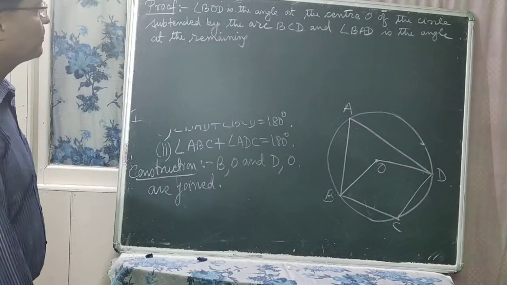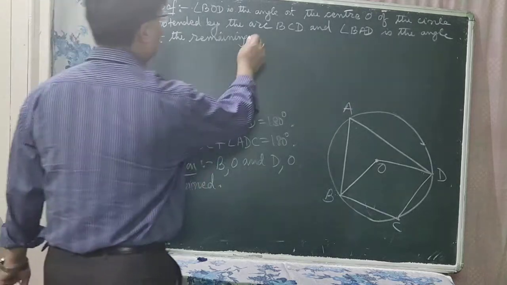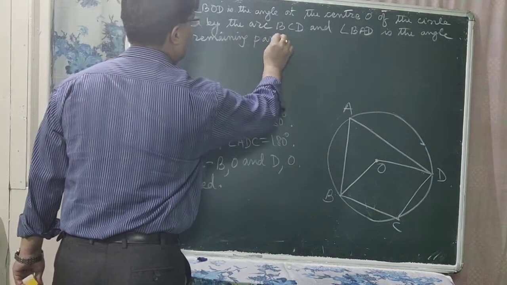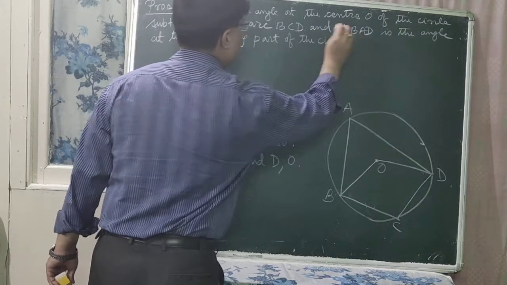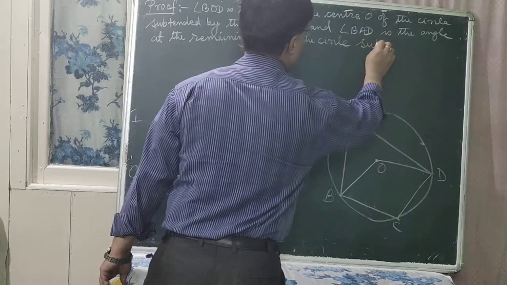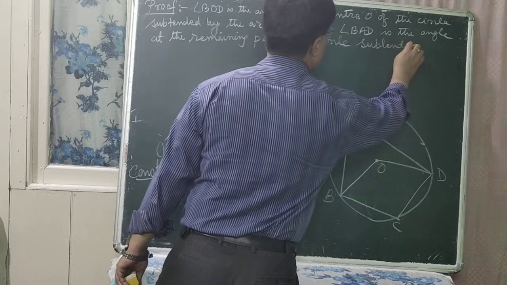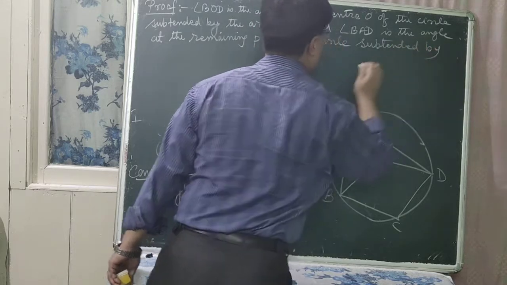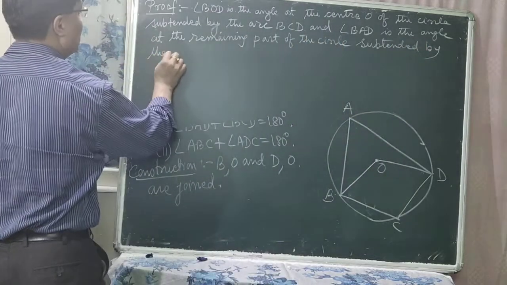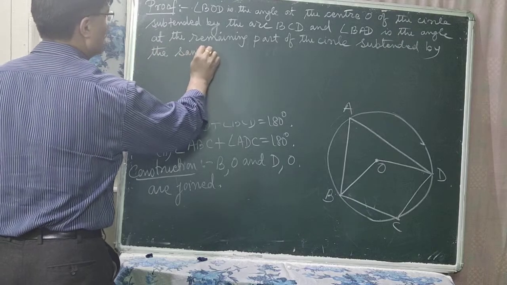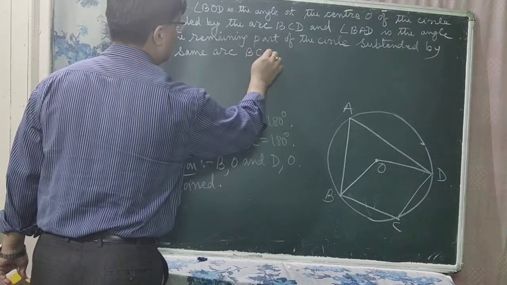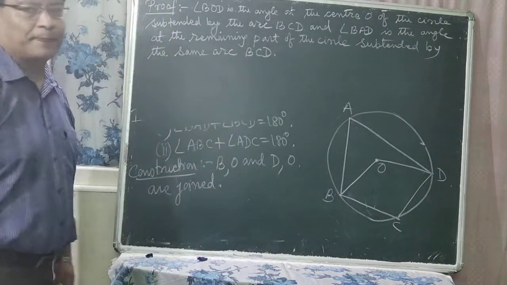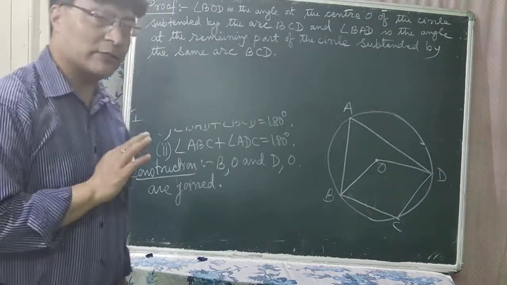We will write here: and angle BAD is the angle at the remaining part of the circle subtended by the same arc BCD. Okay, so I think you have understood it.